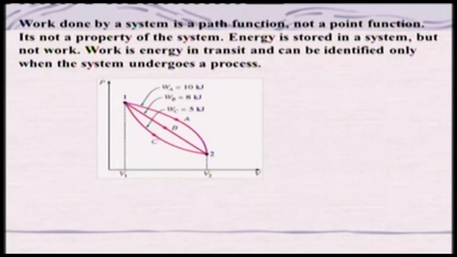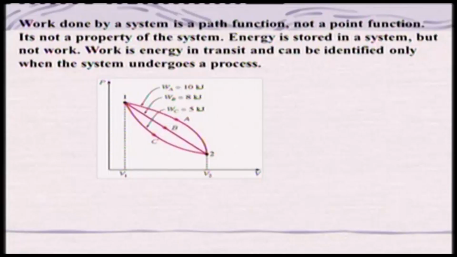Whereas energy is basically what? A point function. Therefore, the work is not a property of the system because it is dependent on the path. Whereas the energy is stored in a system, but not the work. Work cannot be possessed by the system, whereas energy can be.